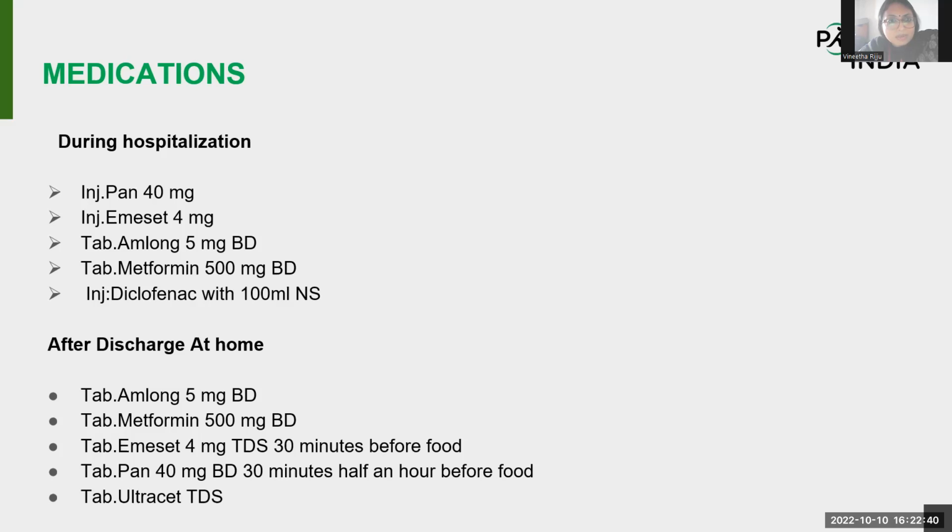Pantoprazole is being given, Emicet is being given, diclofenac is being given, and the patient is also put on Ultracet. Now that is a discussion point I would like to bring here: if everybody is convinced with that management.